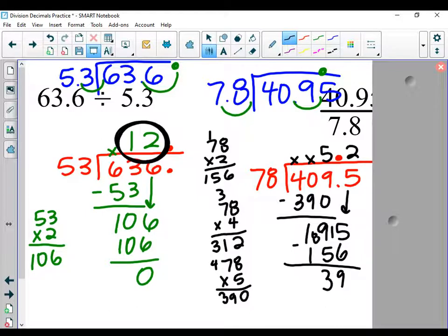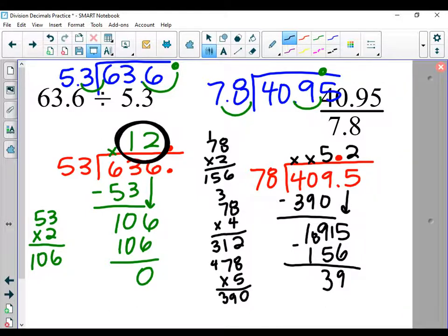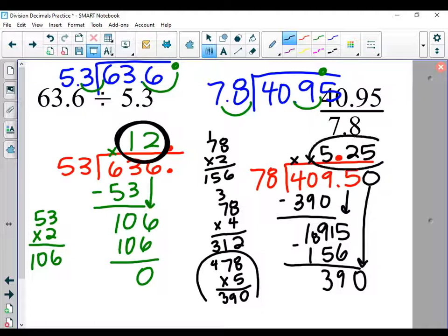What? I didn't end in a 0. Remember, as many zeros as I need over here. Bring it down. 78 into 390. Oh, look! Got it already. Do I need a negative? Not this time.